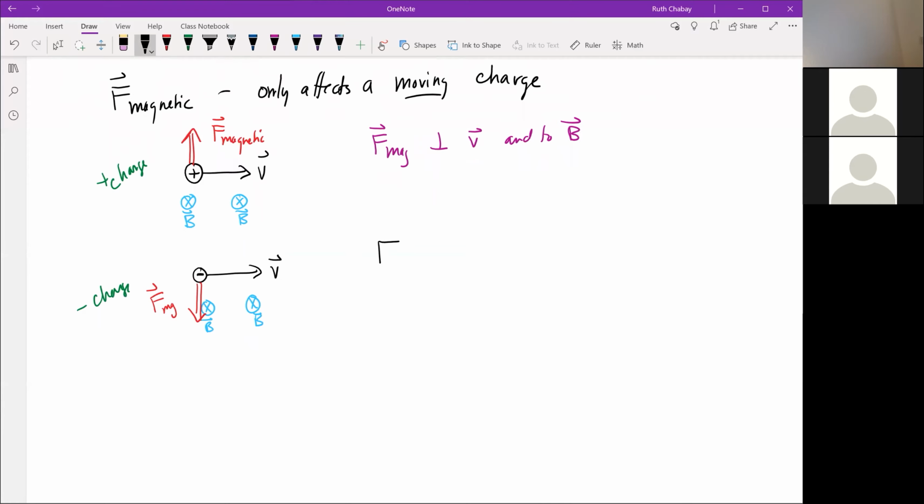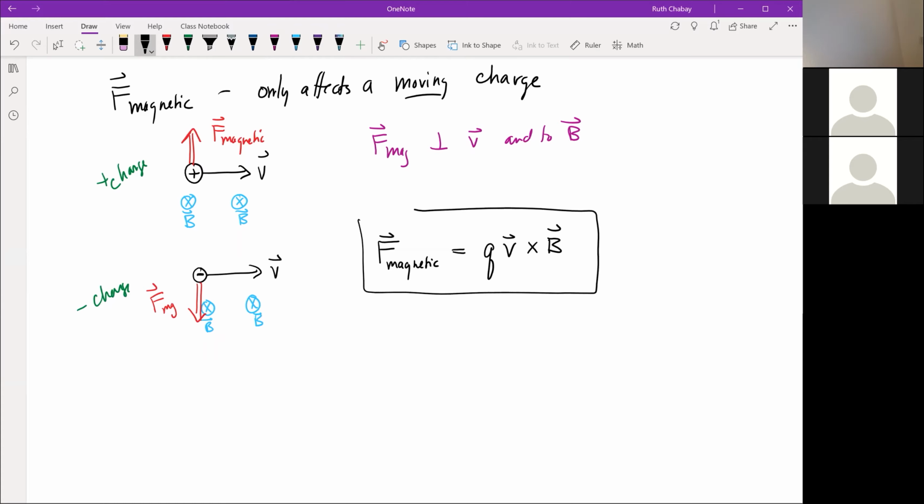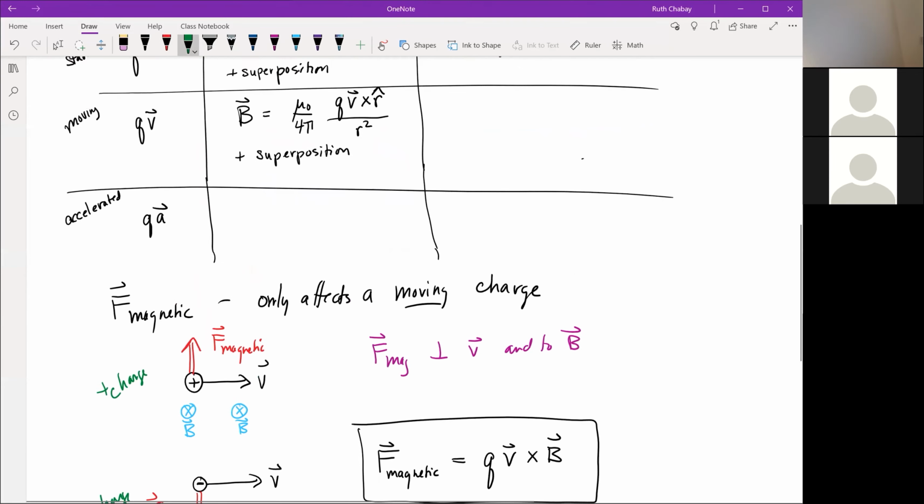And it turns out that the mathematical expression for magnetic force on a moving charge is fairly simple. It's equal to Q V cross B, where B is the magnetic field in the region, V is the velocity of the moving charge, and Q is the charge of the charged particle, and that's a signed quantity.